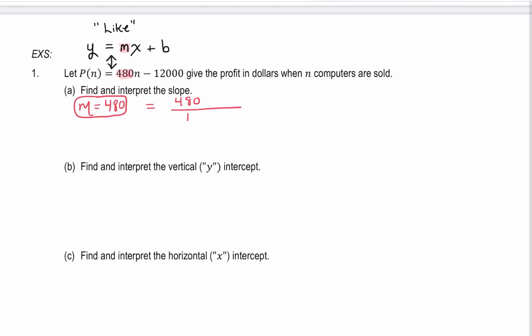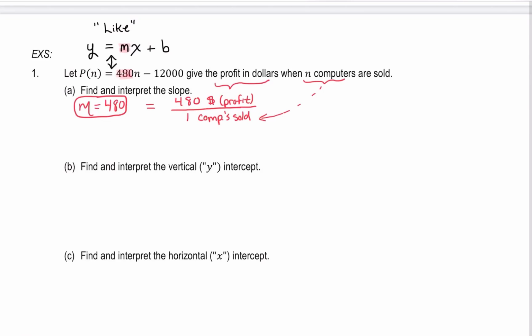So if you think about the y, or the output label in this case, this is $480, dollars in terms of the profit. That's what the output is giving us, the profit in dollars. And then the input per 1, that is our n, is the number of computers that are sold.